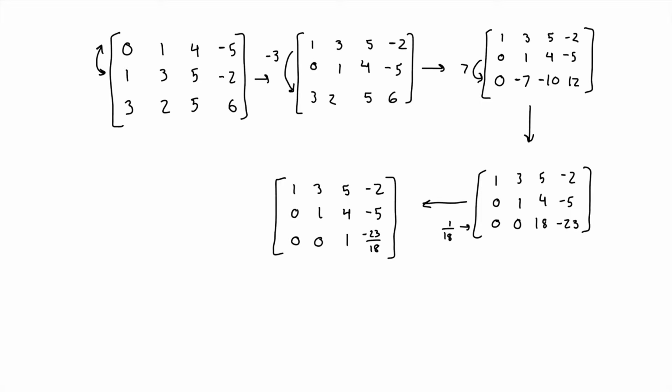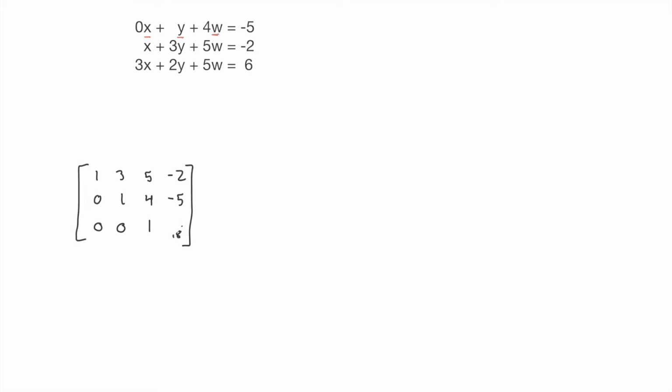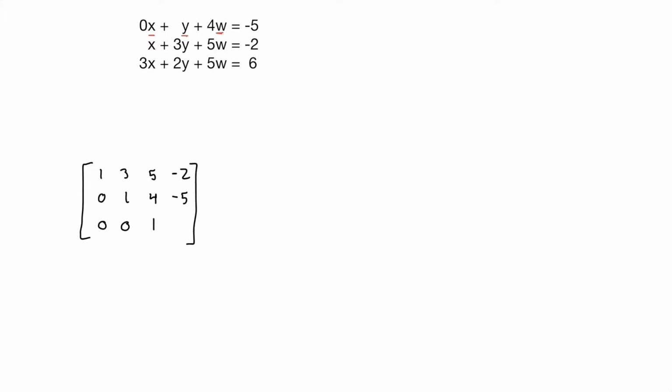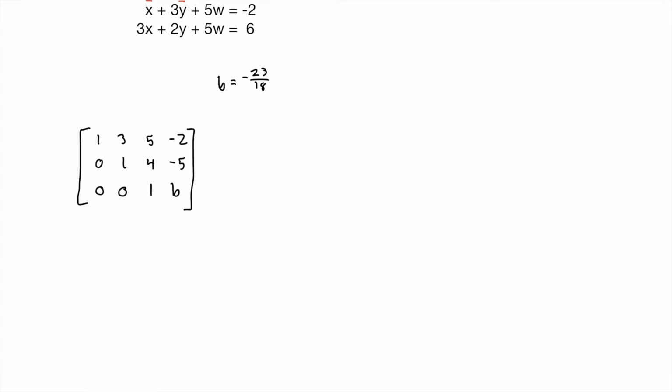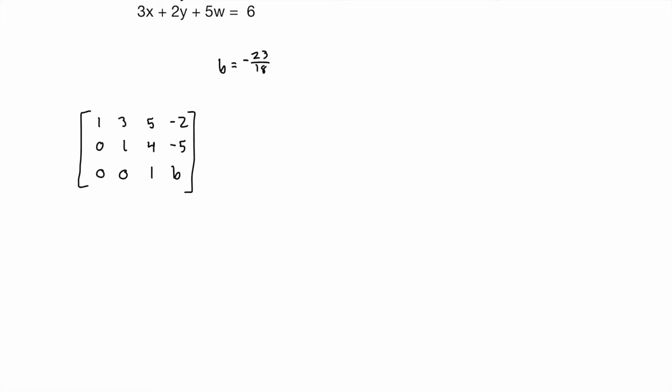And now our matrix is row reduced. I'm going to remove the negative 23 over 18, and I'm going to write b equals negative 23 over 18, and I'm just going to put b in there. And at the end, we can compute what that'll equal.